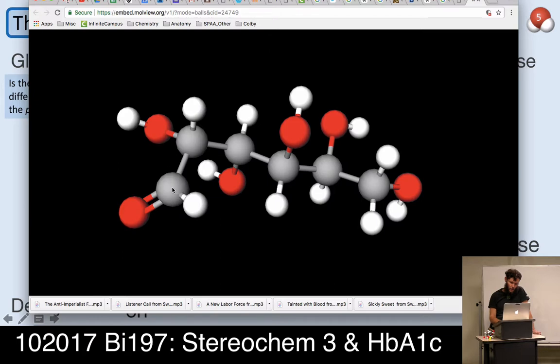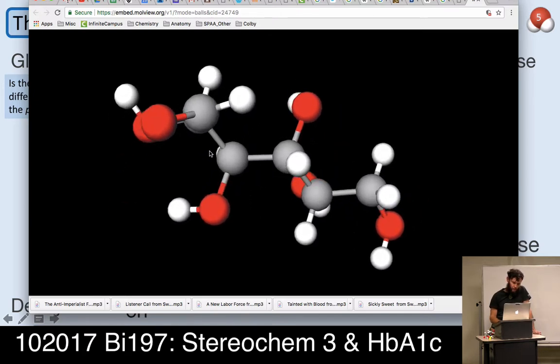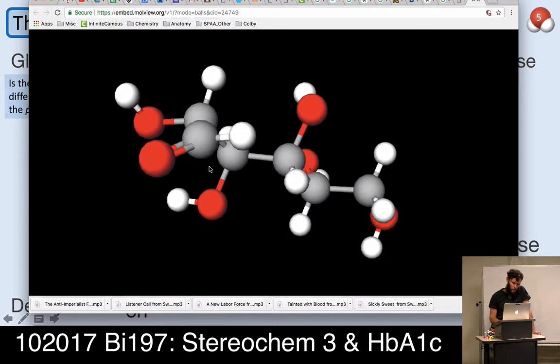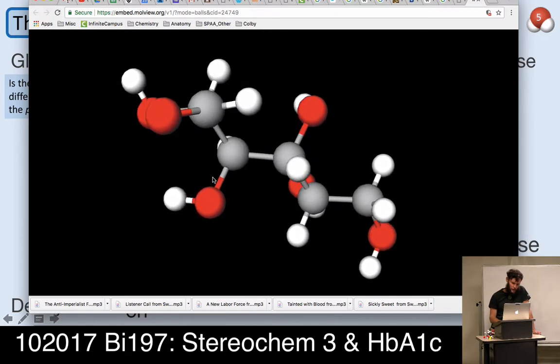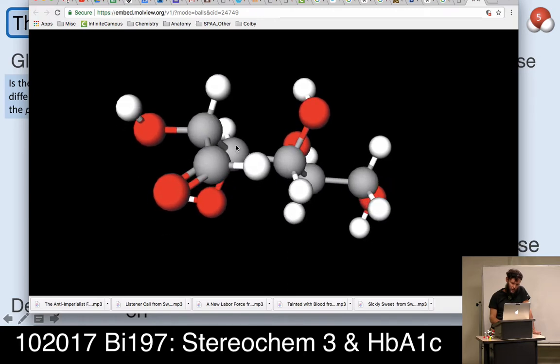And let's look at this carbon. So this carbon is planar. If you look down the carbon-carbon bond, you'll notice that that carbon that's attached is in the same plane as the oxygen and the hydrogen. It's planar. It's not tetrahedral. All 4 of these atoms are in the same plane.